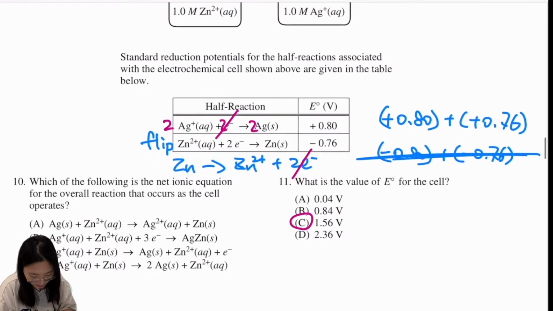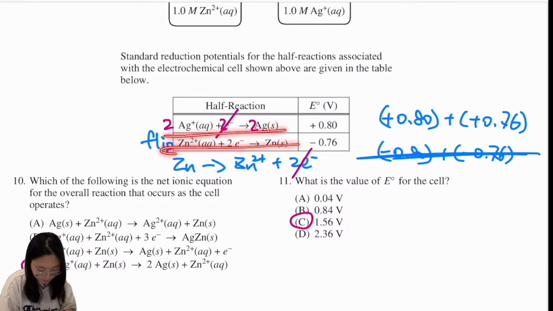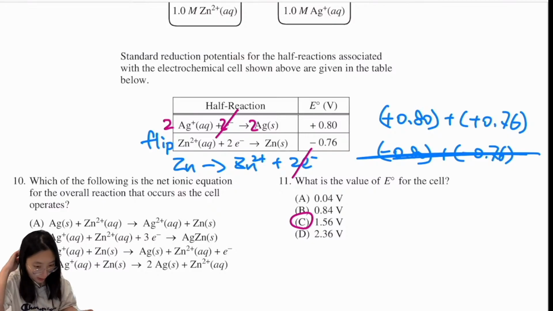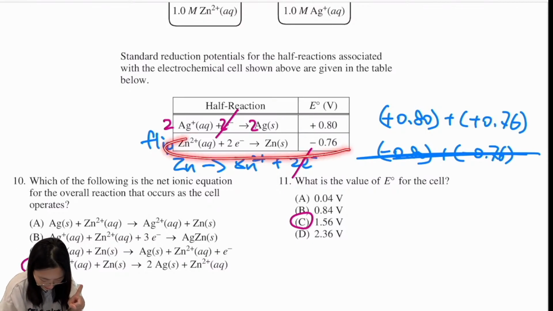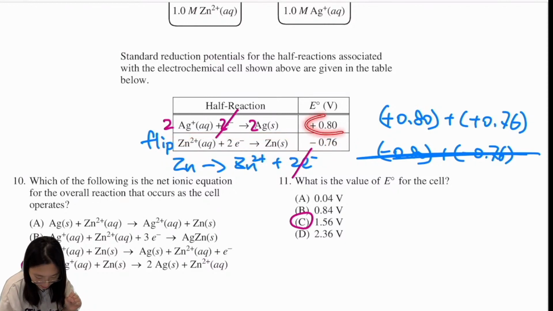So I need to figure out which one is the reduction and which one is the oxidation, because only the reduction is given in the table. And how I determine it is by calculating the cell potential for each scenario. Scenario 1, I am flipping the second reaction, okay? Then the cell potential will be 0.8 plus 0.76, which is positive.